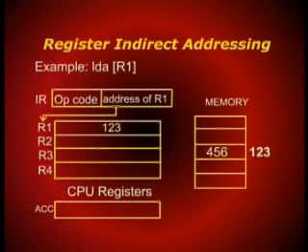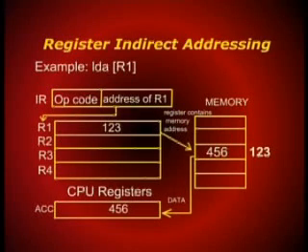Now we go to R1, which contains 1, 2, 3, and that is the address in the memory from where data is to be fetched. So for this example, the contents of the memory location 1, 2, 3 are given as 456 and would be transferred to the accumulator. So at the end of the execution, the resultant in the accumulator would be 456.